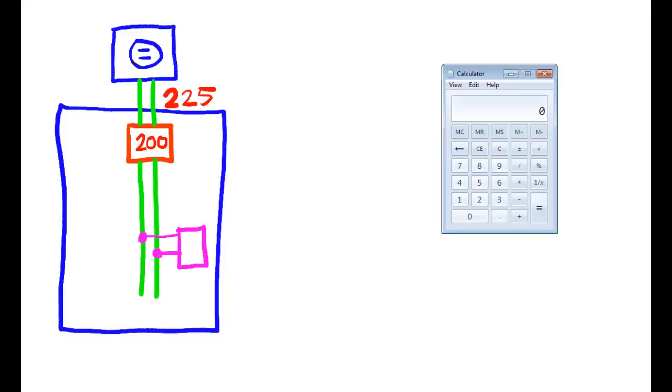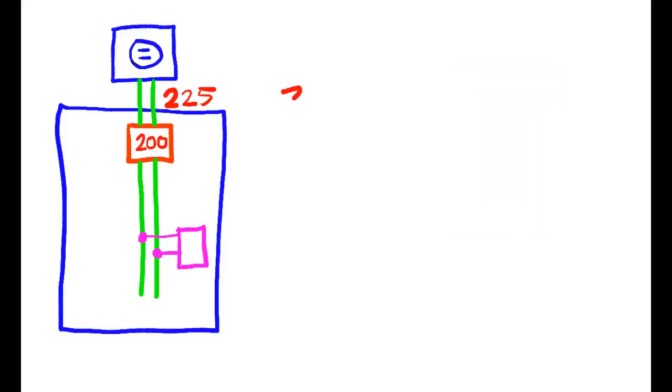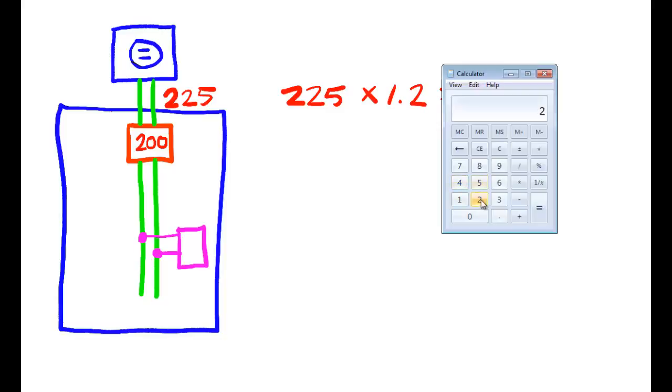Alright, so let's work it out. So now we have the main service, which is 225 amps. We want to multiply that by 1.2. Alright, what does that give us? 225 times 1.2 is 270.